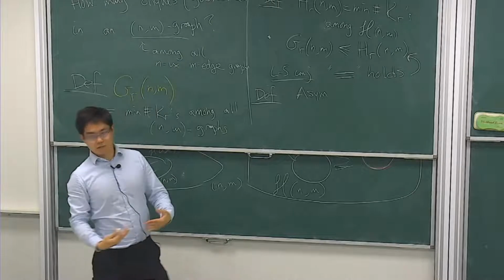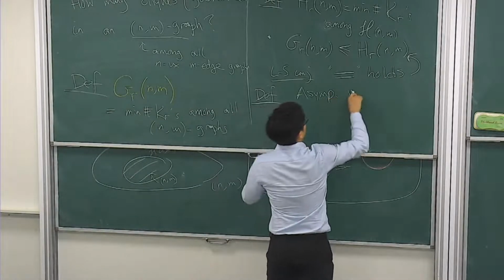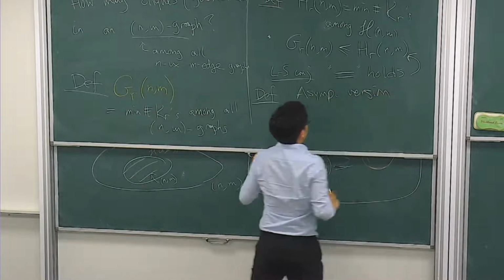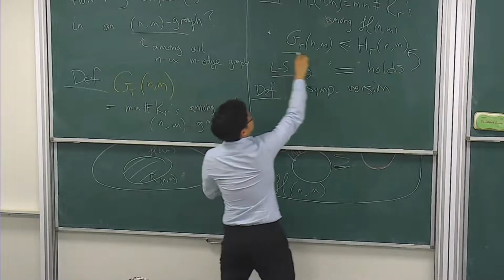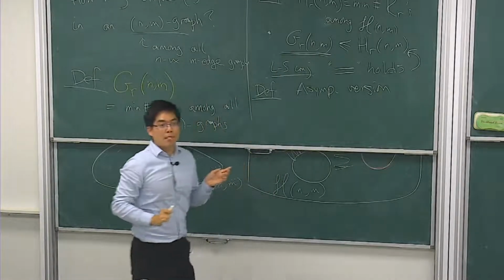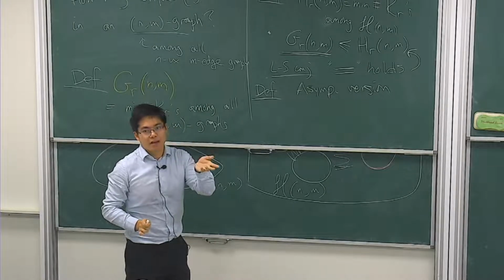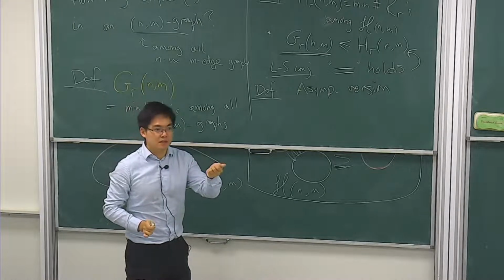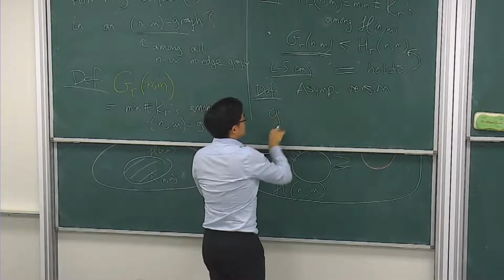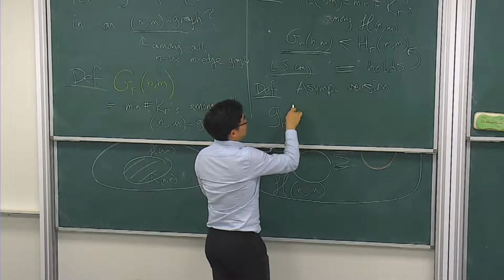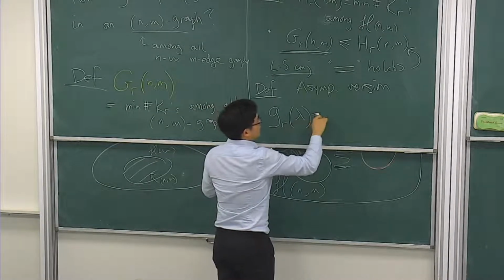So that's the asymptotic version. So what do I mean by asymptotic version? Instead of looking at this guy, I don't really care about m that precisely. I just care about its edge density, right? So what I mean is small g, let's say sub r, of lambda.